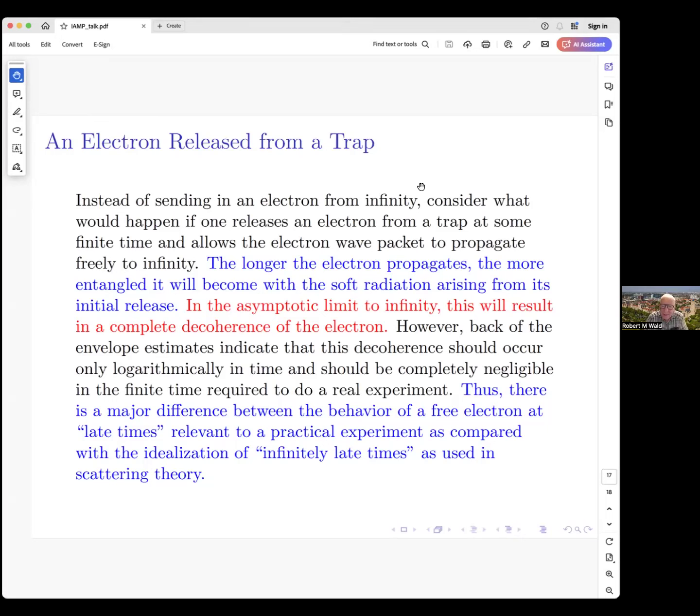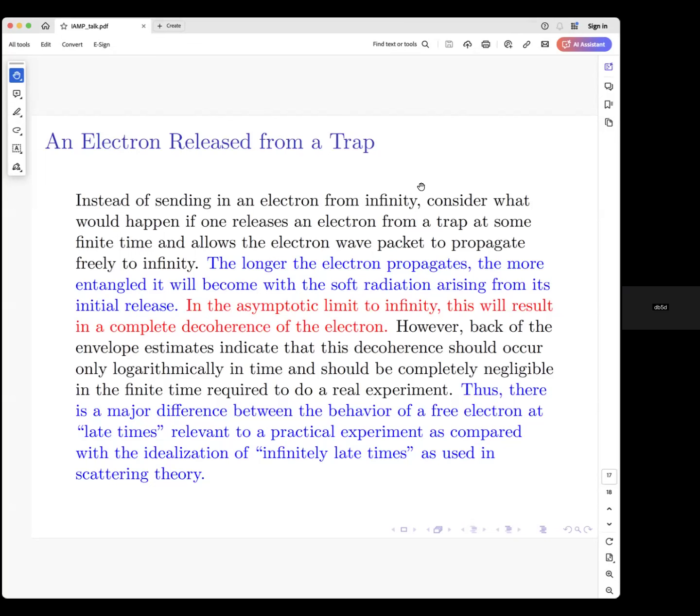So I don't think it would be directly related to timescales like travel time across the wave packet. It really is an effect of entangling with very low frequency radiation that results from the release.